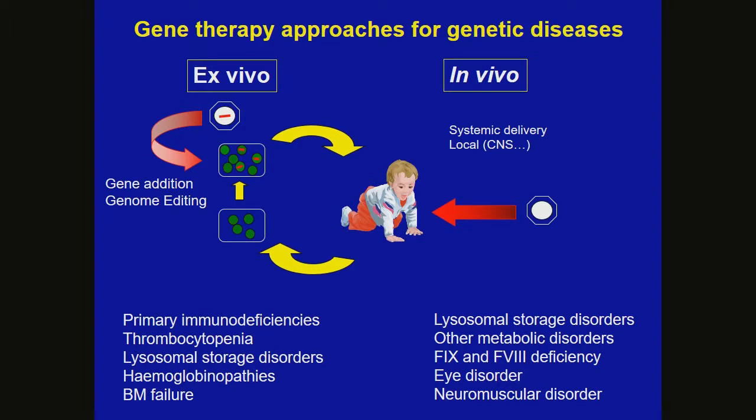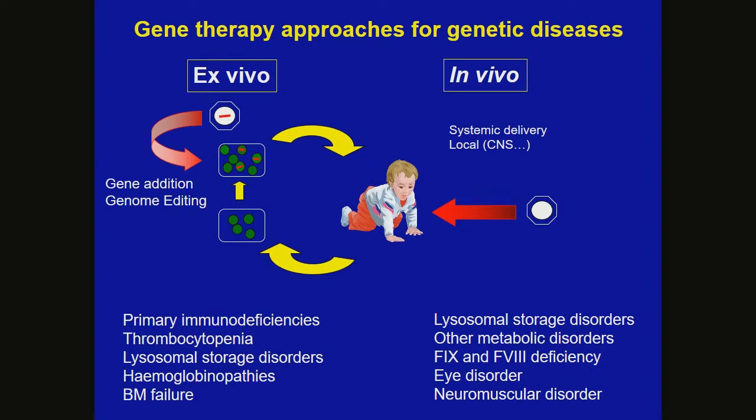It has been used mainly for hemophilia, for some brain disorders due to metabolic problems, and neuromuscular disorders. The in vivo approach is used when you need more diffuse administration, or you need to go to some specific tissues.